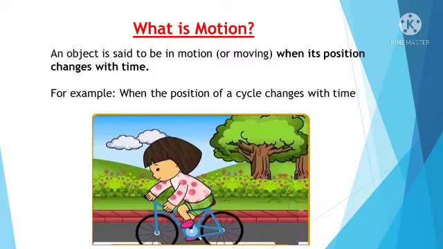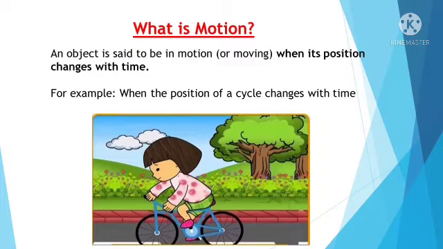So, when an object moves, its position changes with time. Like you start from your home to reach your school. So, with time, you change your position from your home to school. So, you were moving, right?